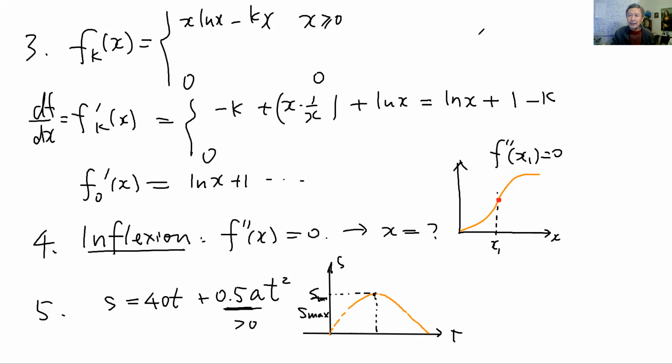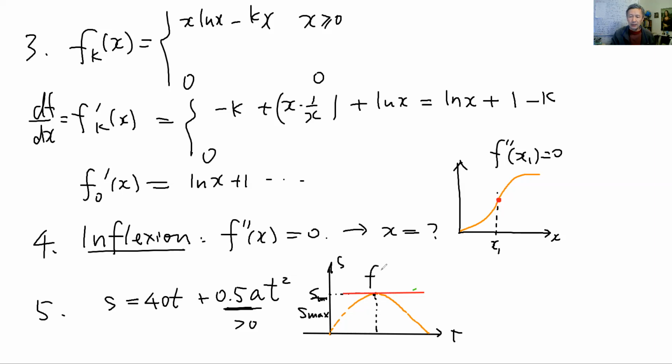The tangent is very useful. They ask many questions about the tangent, so they ask for the tangent line. There's a tangent here. If you're talking about the maximum, then at the maximum the first derivative is always 0.